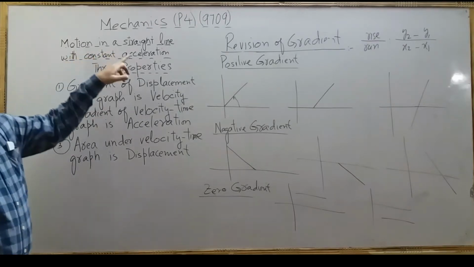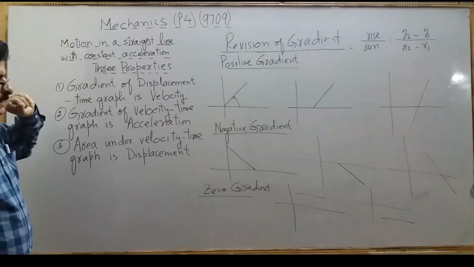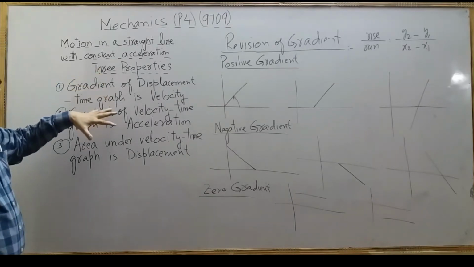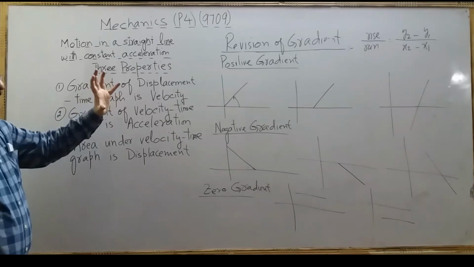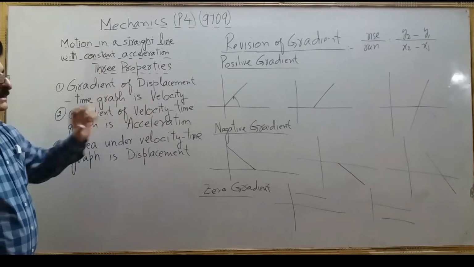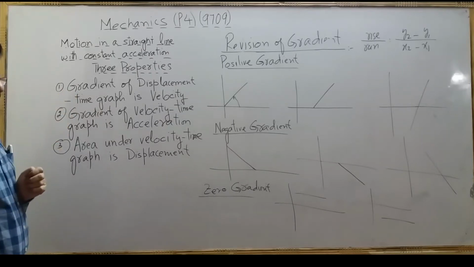Again motion in a straight line with constant acceleration. We have three important properties or results which will be applied in the questions. First, the gradient of a displacement time graph is velocity.